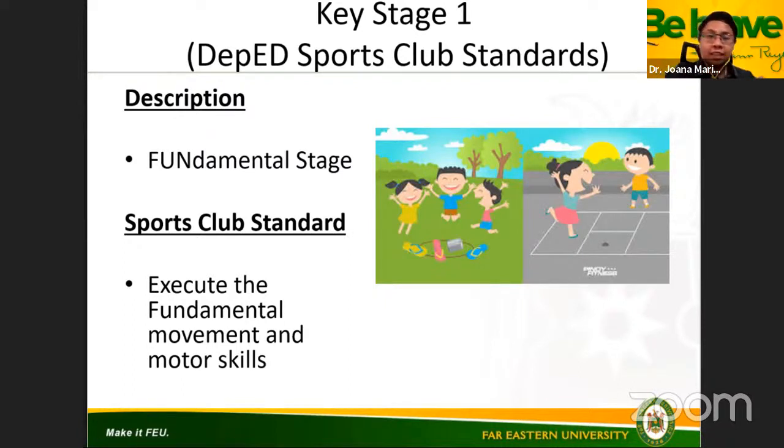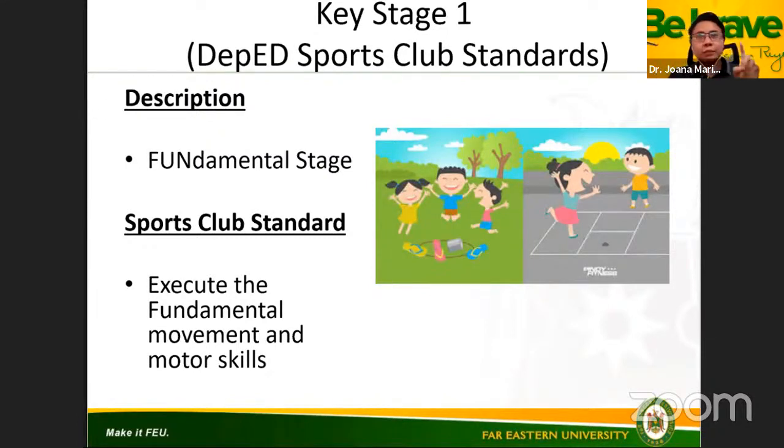It simply matches the key standard of the curriculum, since this DepEd Sports Club Manual is a supplement to the physical education subject in DepEd. The 150 minutes of moderate intensity that a child or adult should have is not enough, so this supplement was created. As for the guidelines on how to implement it in each school, I think it will be released or has been released. Currently, there are only region-by-region orientations.